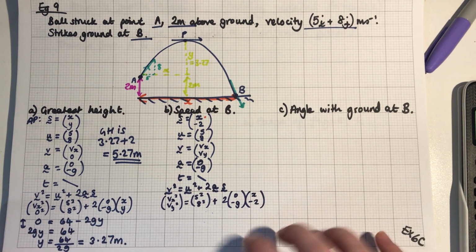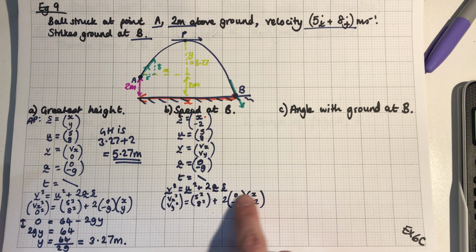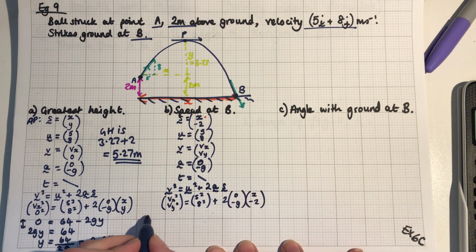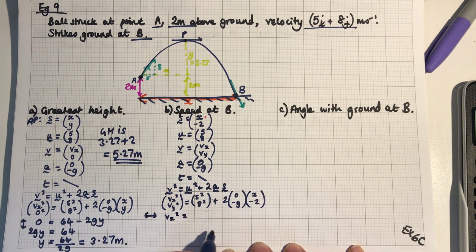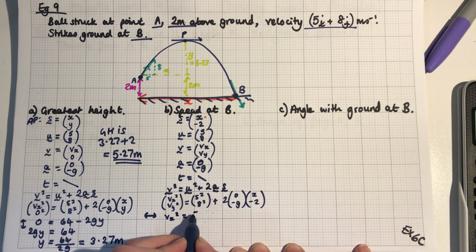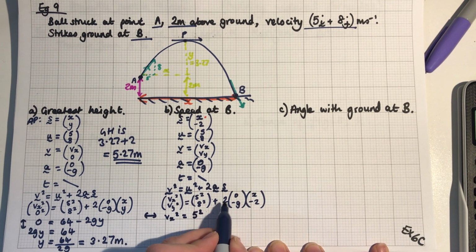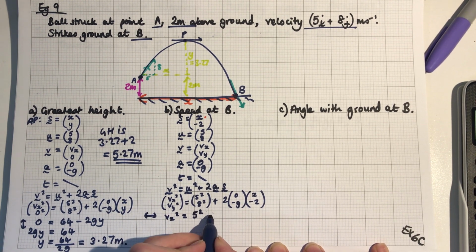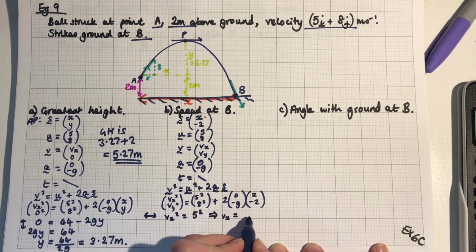Now you might be thinking, hold on, when we did this before we had two unknowns, but look, we've got 0 times an x. So on our top row we get Vx squared equal to 5 squared plus 2 times 0 times x. So that disappears. That tells me that my horizontal component is 5.